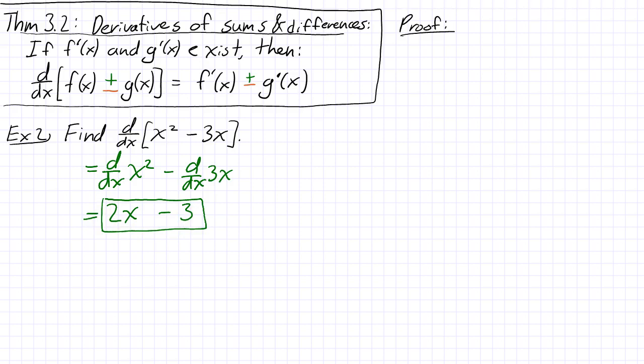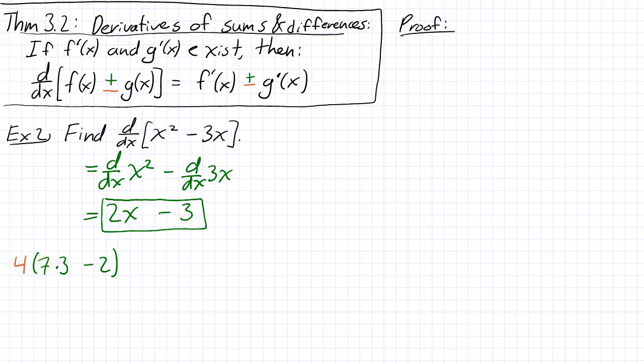These two theorems together are kind of interesting, because they say that derivatives work the same way as multiplication by numbers does. For example, if I was doing 4 times 7 times 3 minus 2, I just want to show an example of things you can do when you're multiplying by 4.